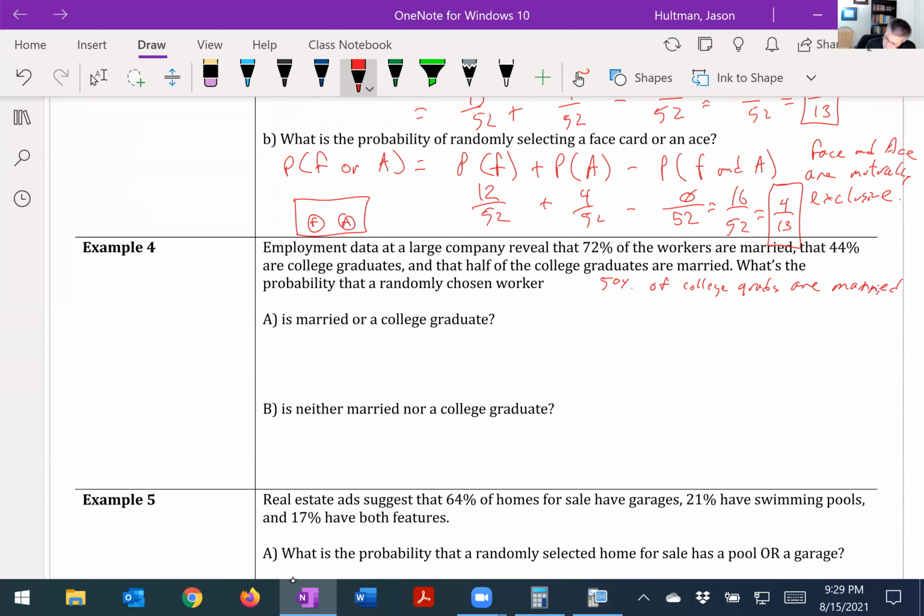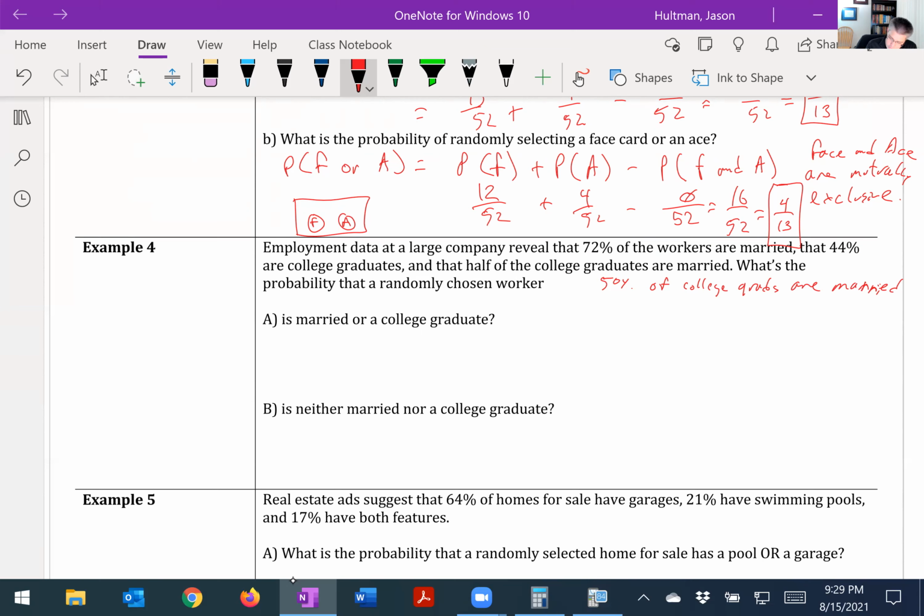What's the probability that somebody's married or a college graduate?